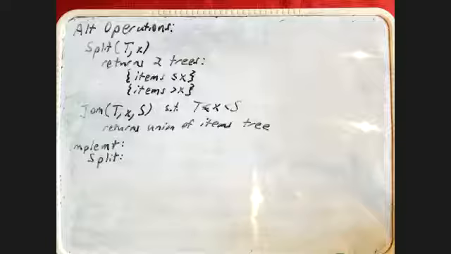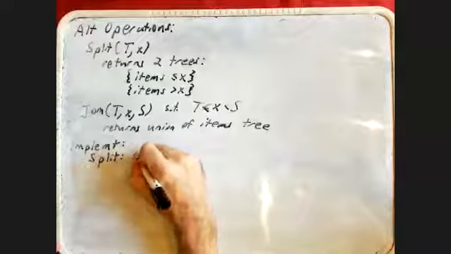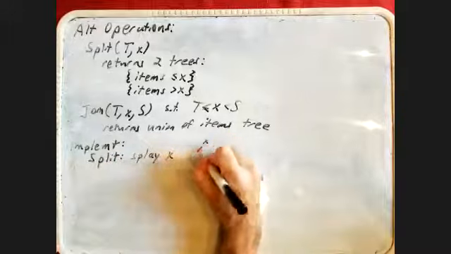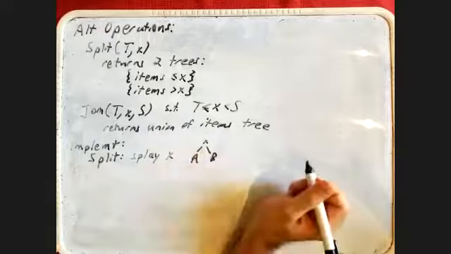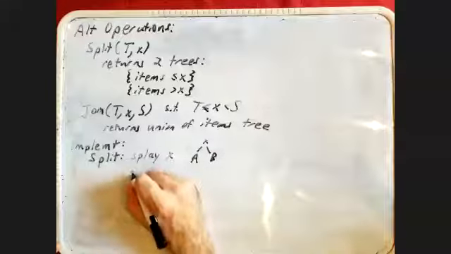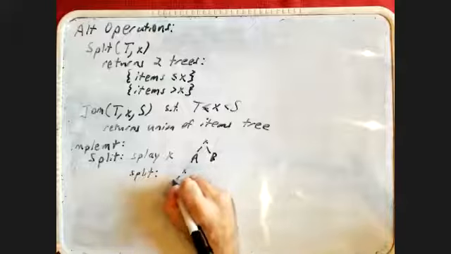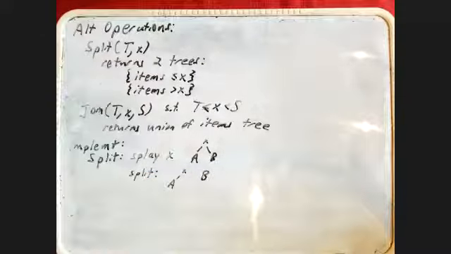We splay X first. Exactly. So we splay X. So now we have a tree X with two subtrees A and B. And then the split is straightforward. We just pull off the right subtree, and we have completed the split.